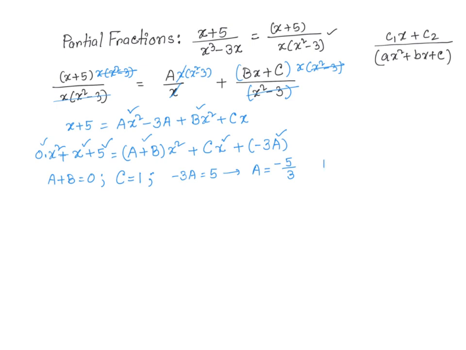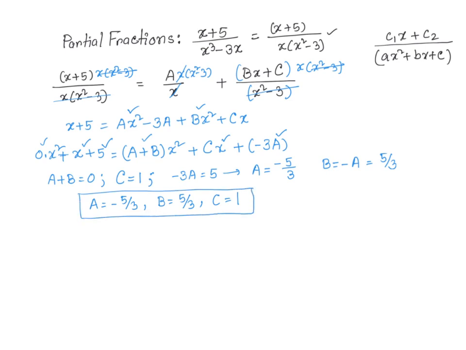That tells me b is just negative a, which is 5 over 3. So I found a is equal to negative 5 over 3, b is equal to 5 over 3, and c is equal to 1. These are the numbers that I am looking for. These are my values of a, b, and c.